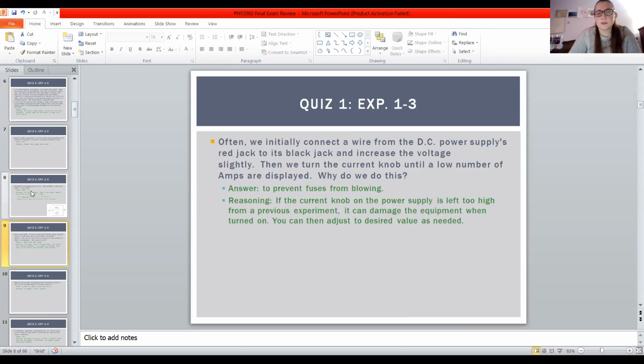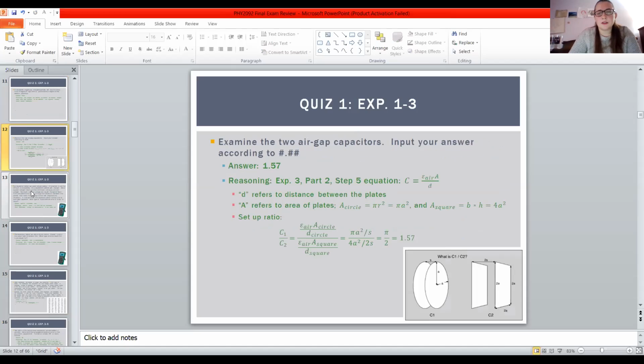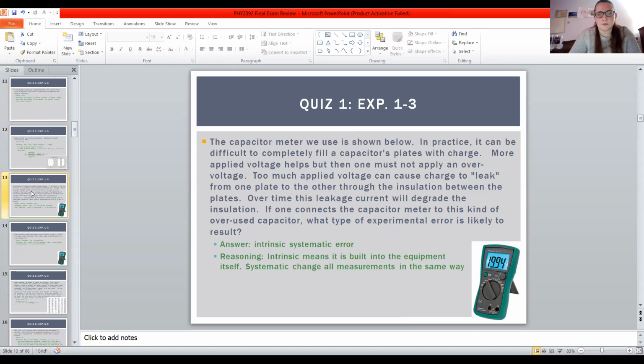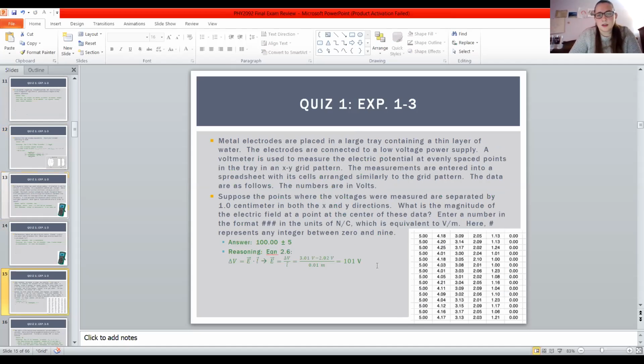Anyway, the types of error. So we have 4 different kinds of error that we're dealing with in experiments.